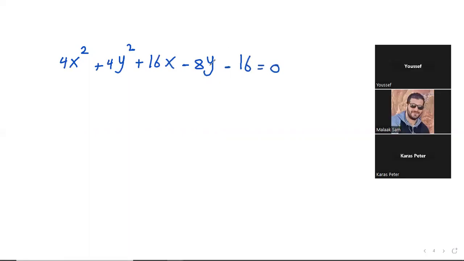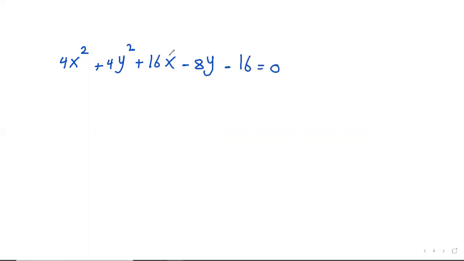Don't fall in the trap, because we have here 4x to the power of 2 plus 4y to the power of 2. This is not the form of the equation of the circle. The equation of the circle must be written as x to the power of 2 plus y to the power of 2. How can we make it so before finding the center of the circle?